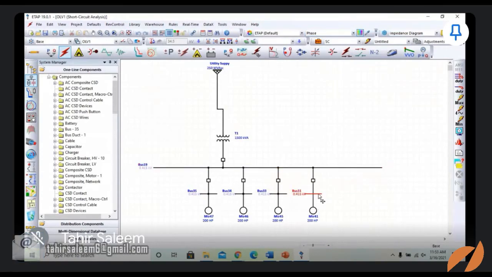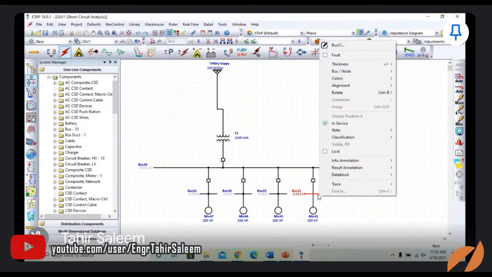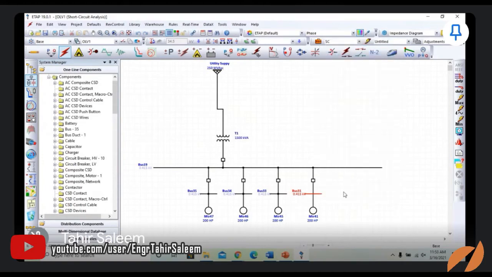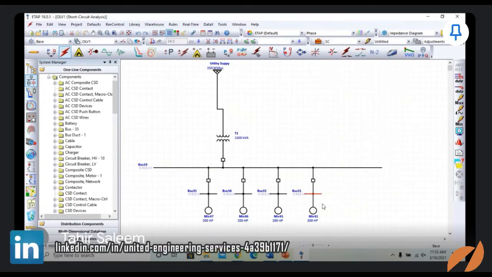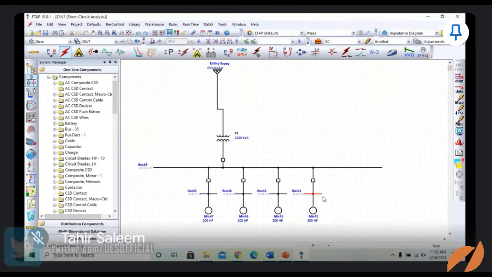For example, if you now want to put a fault over bus 31 at the fourth motor. Okay, now this bus is faulted, and by this color you can see that it has become red. So you can easily find out which bus is faulted now.